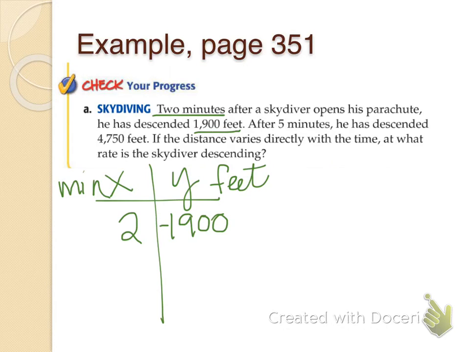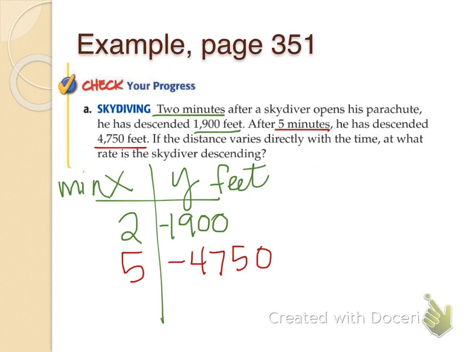He is descending, that means he's going down, so we need to use a negative to show that. All right, after 5 minutes, he has descended 4,750 feet. So 5 minutes, he's now descended 4,750 feet. Okay, we know it varies directly, so let's see what the rate of change is so we can see the rate that the skydiver is descending.